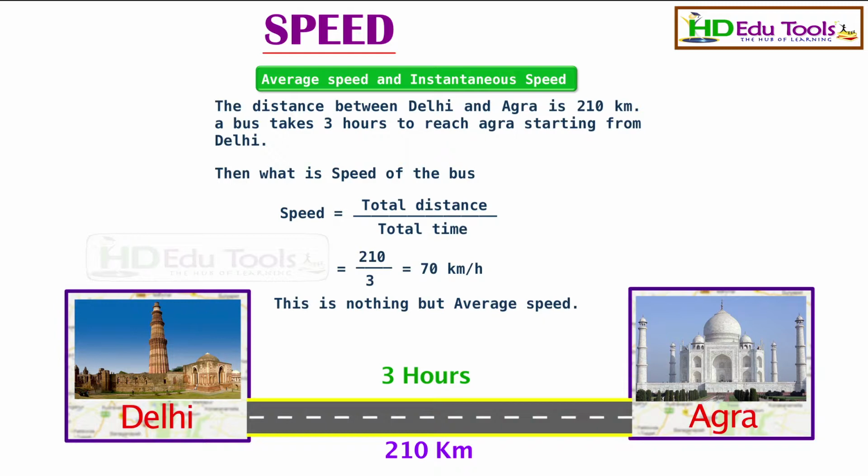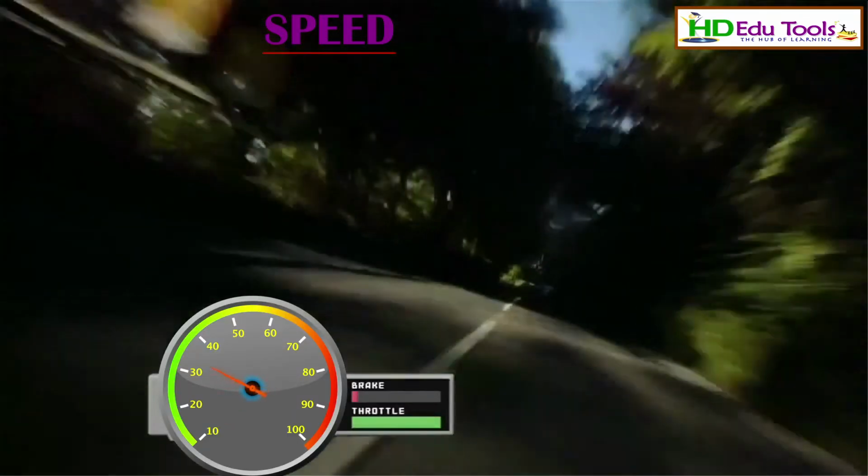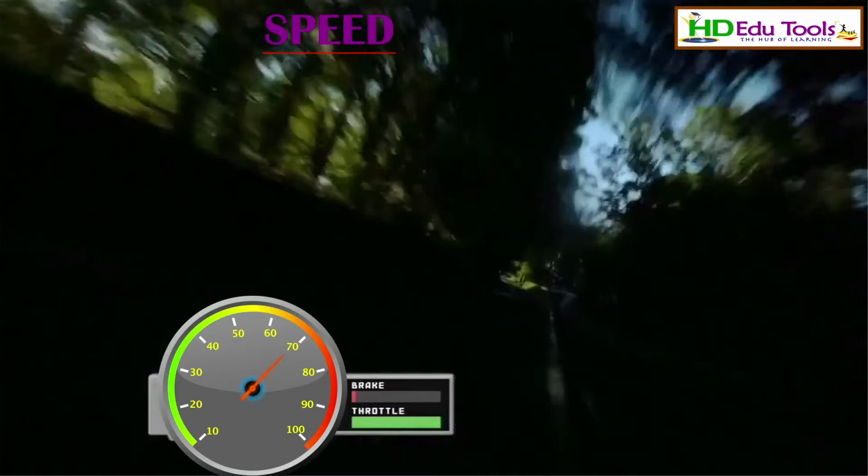Now what is the meaning of average speed? Already we defined that while traveling from Delhi to Agra, the speed of the bus is 70 km per hour. But the bus cannot travel always at 70 km per hour.